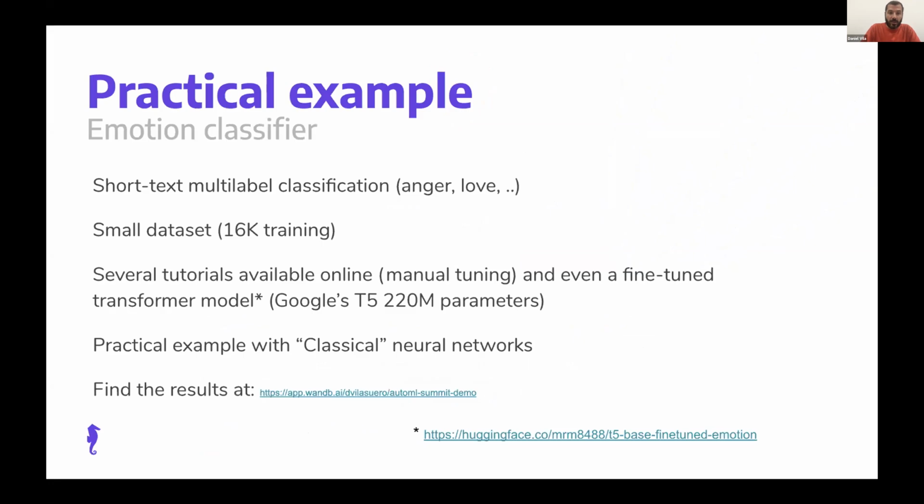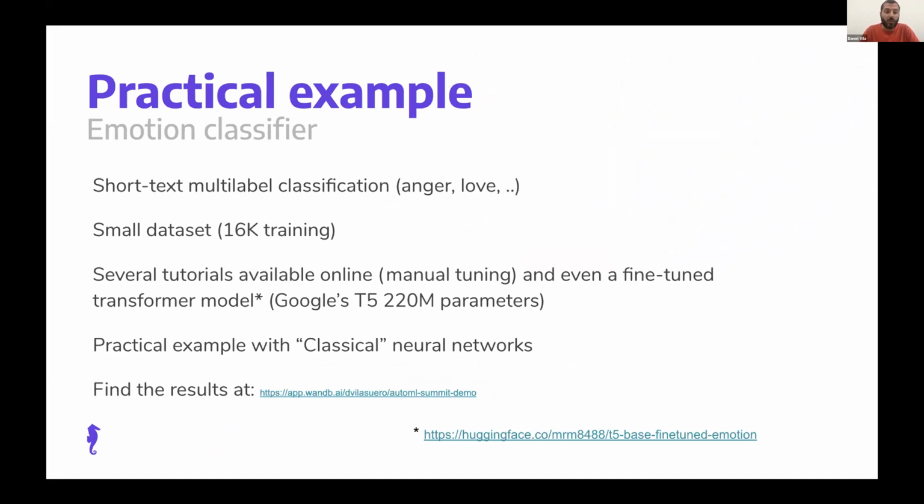So this was it for the first part of the talk. In the second part, I would like to show a practical example. For every talk I've seen about hyperparameter tuning, I think the best ones are the ones that provide actual code and actual examples.